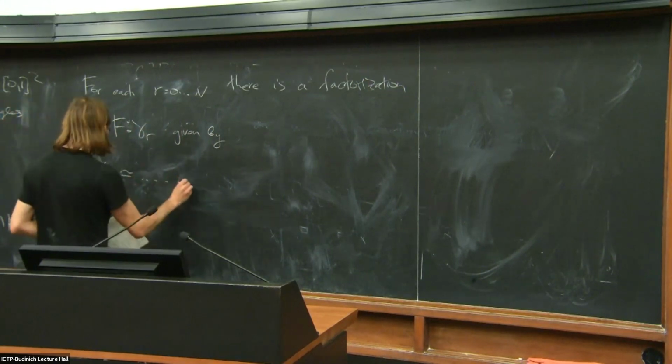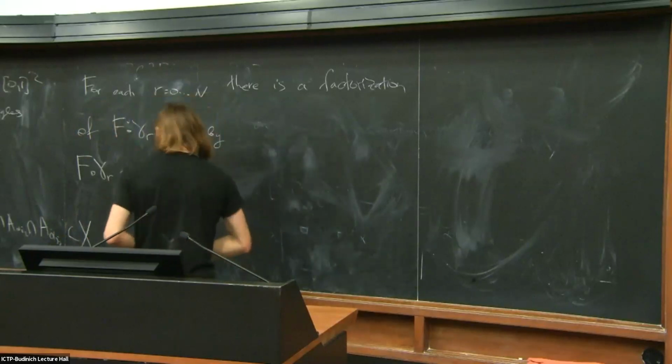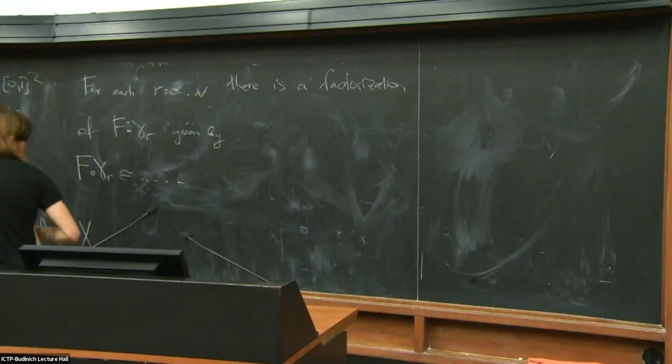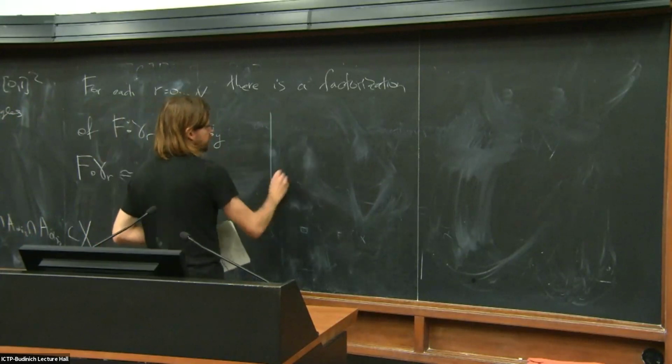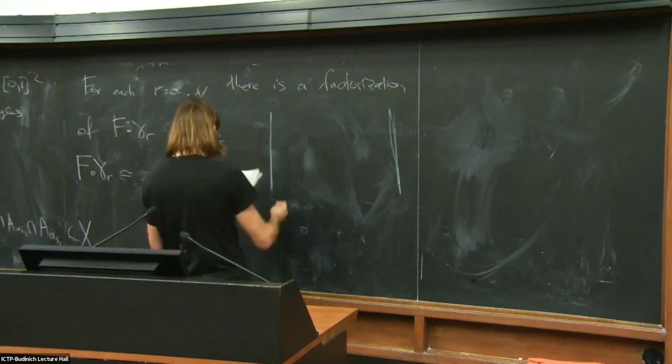So how exactly do we construct the factorization? First of all, how does this gamma R look? I draw a relevant part of the square which we had before.